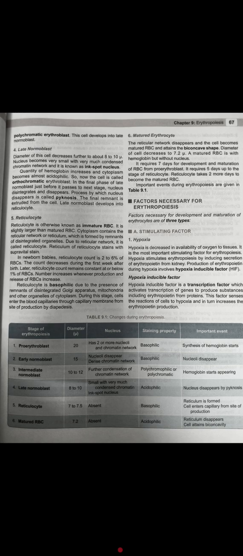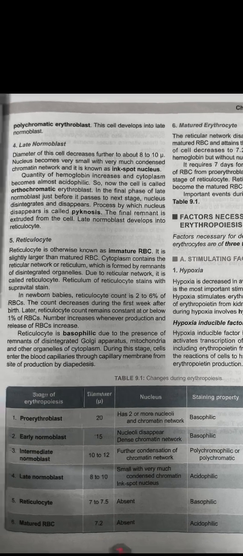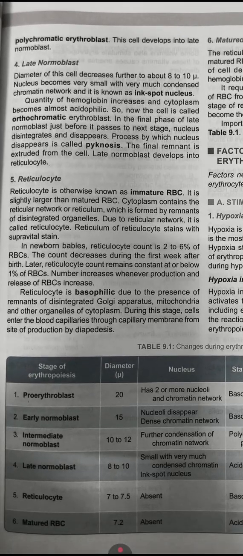Now the quantity of hemoglobin increased and the cytoplasm became almost acidophilic. As hemoglobin quantity increases, the first cell was basophilic, but with the appearance of hemoglobin in intermediate stages, it became both acidophilic and basophilic, which is also called polychromatic.